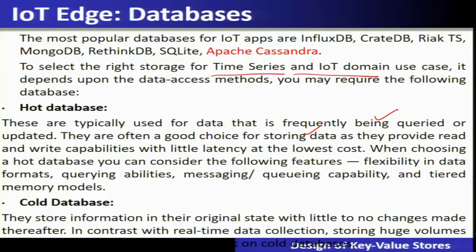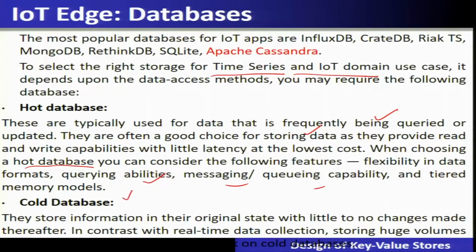They are also a good choice for storing the data as they provide read and write capabilities with little latency at a low cost. So, when choosing a hot database, we have to consider several important features such as querying ability, messaging, queuing capabilities, tiered memory models, and so on.